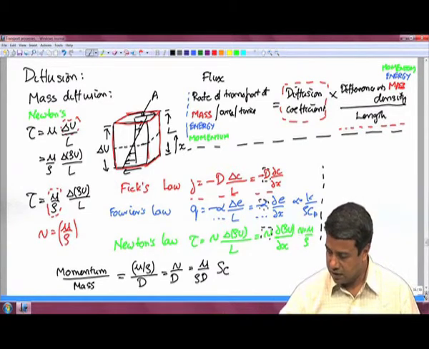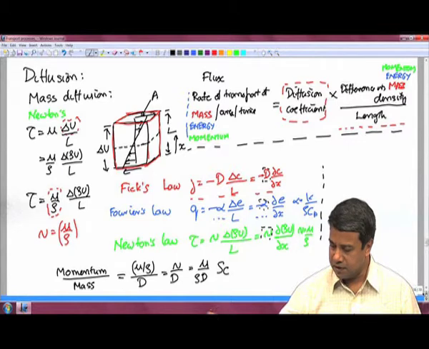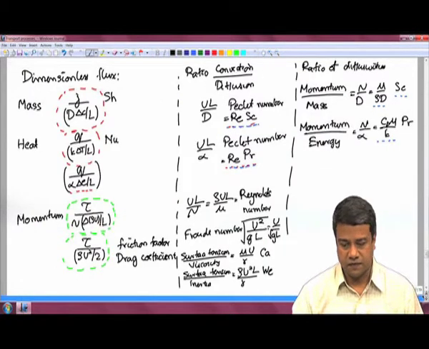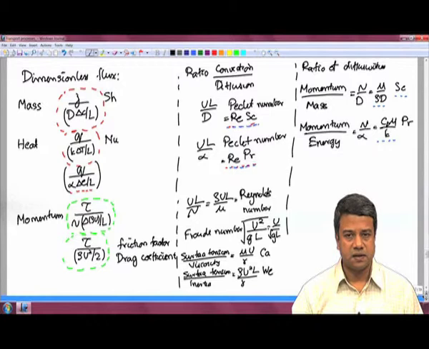Dimensionless numbers can be broadly written as dimensionless fluxes: mass, momentum and heat fluxes. The mass flux is the Sherwood number, the heat flux is the Nusselt number. Momentum flux is non-dimensionalized differently, conventionally, in comparison to mass and heat flux.